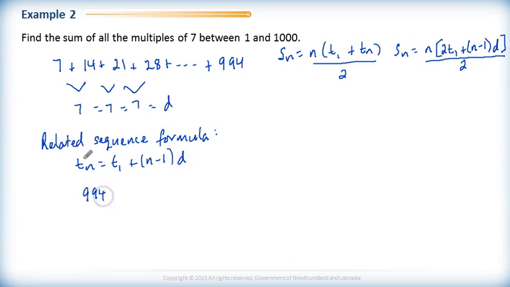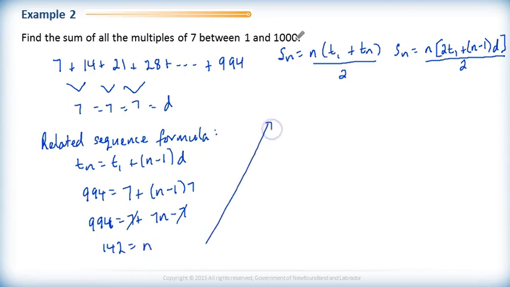We don't know the n value, but we do know the nth term is 994, which equals term 1, which is 7, plus n minus 1 times the constant difference, which is also 7. So we have 994 equals 7 plus 7n minus 7. These 7's cancel off really nicely, and we get 142 equals the value of n.